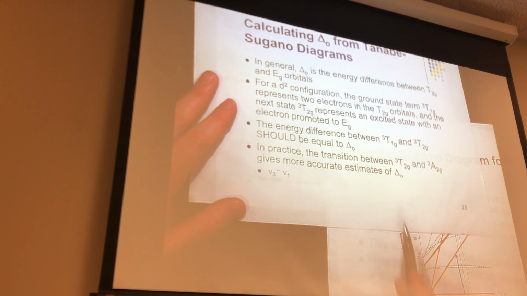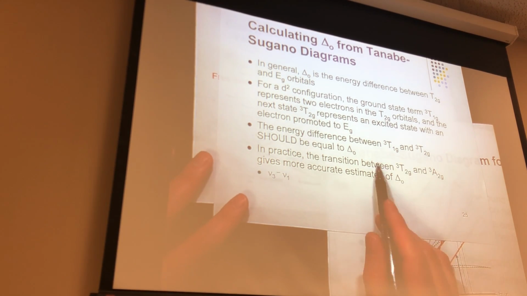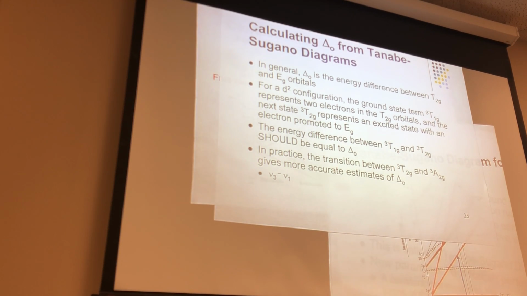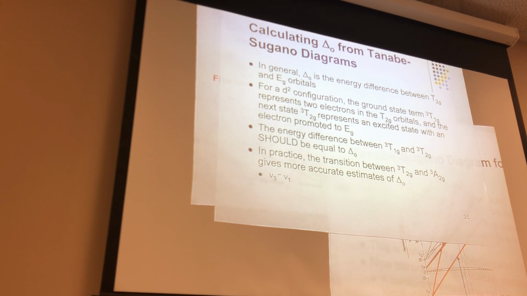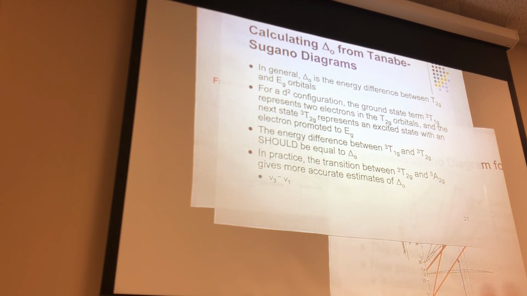But in general, it's better to use the diagram and find the best fit of all of the peaks. There are some cases where the energy difference you're seeing in each individual photon is not the octahedral field. It's just transitions between two terms that are contributing.